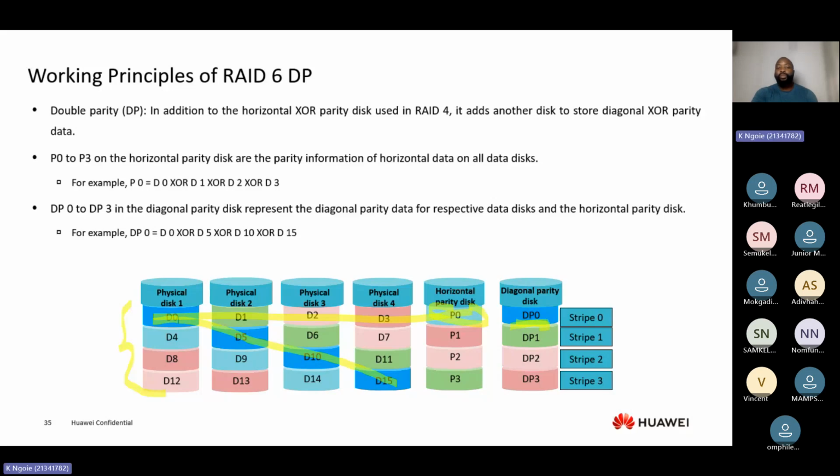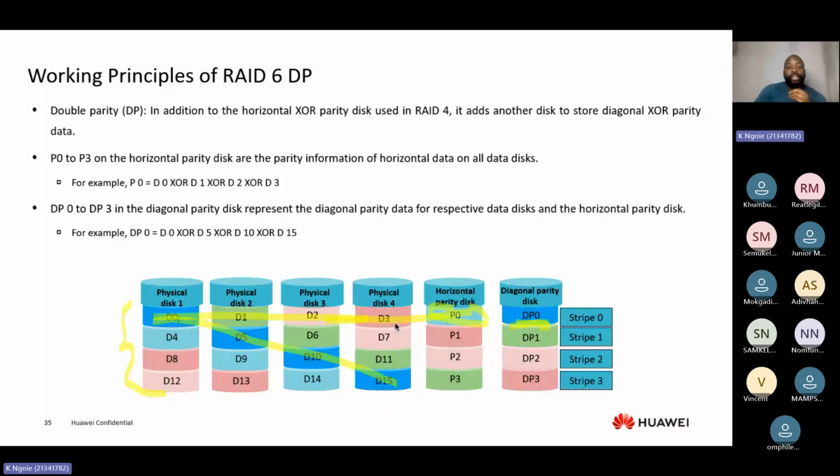Okay, so we need to remember that data is striped across multiple disks. We have all these disks where we've already striped them. For each stripe, or we can say row parity, you need to understand that the P, like the P0 here, will protect against one disk failure.